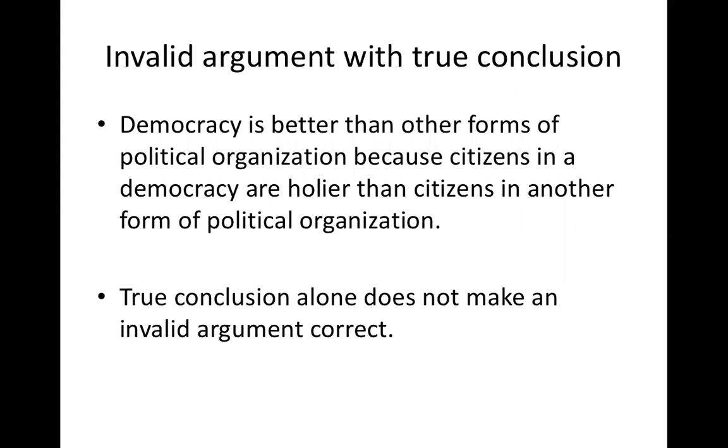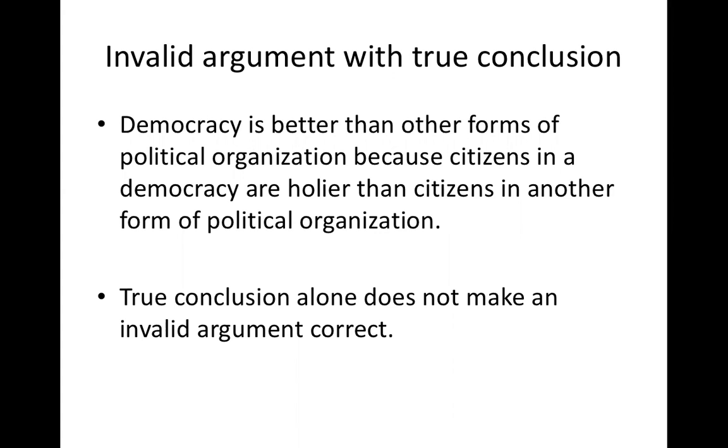Now, this is another example of an invalid argument with a true conclusion. Democracy is better than other forms of political organization because citizens in a democracy are holier than citizens in another form of political organization. This is a single sentence argument. Where is the conclusion and where is the premise? The conclusion is the first part of the sentence: democracy is better than other forms of political organization.